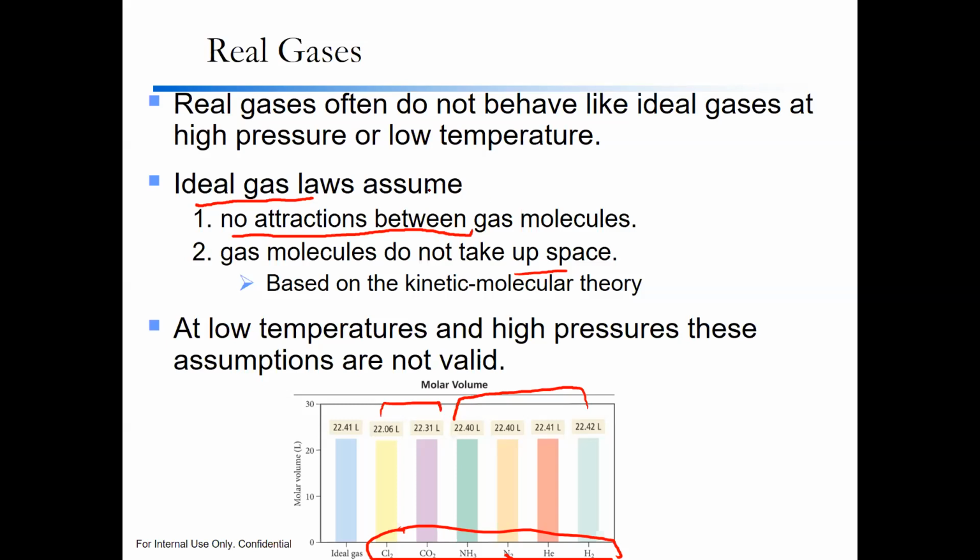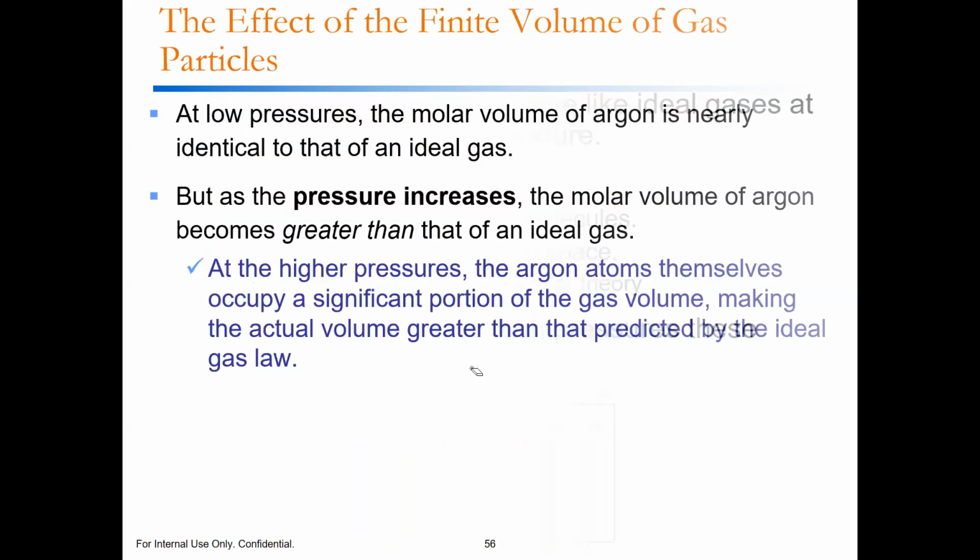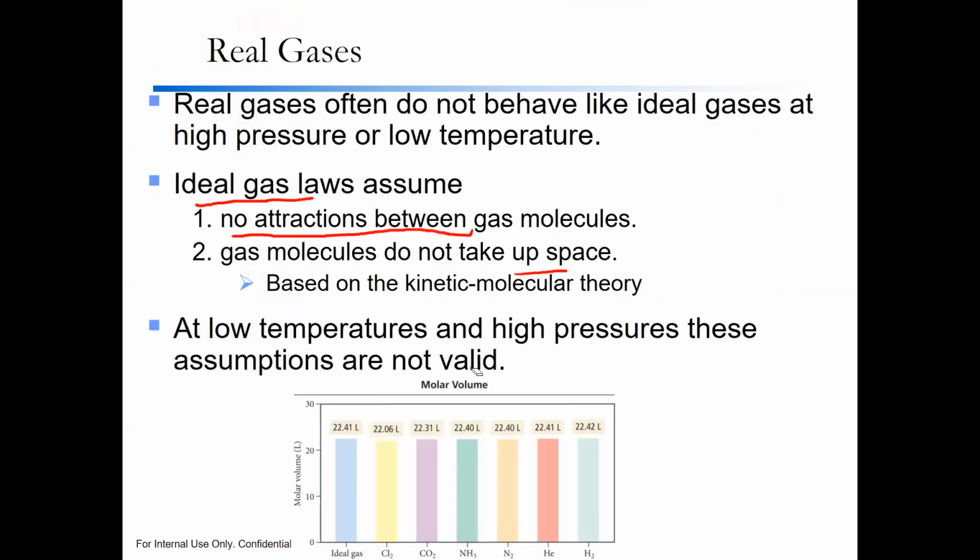There are some slight differences for different gases. So why are there slight differences for real gases? These are all pretty much the same, but some of them are a little bit off, maybe a little bit more for this one.